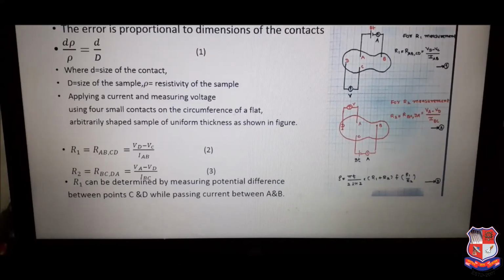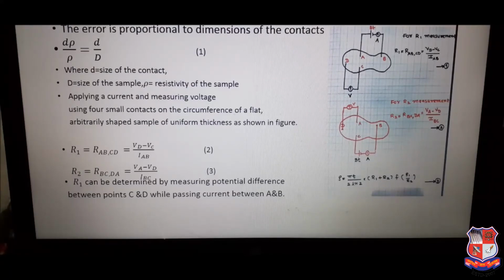Now once we apply current and measure voltage using these 4 small contacts on the circumference of a flat arbitrary shaped sample of uniform thickness, which is as shown in the figure, you will get resistance R1, that is equal to R_AB,CD is equal to VD minus VC upon I_AB.